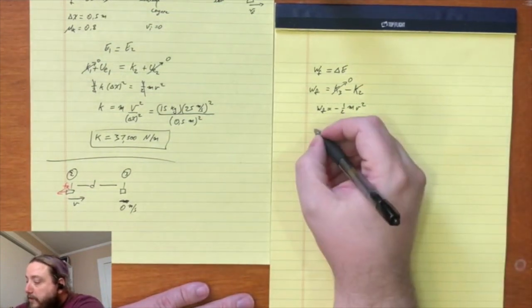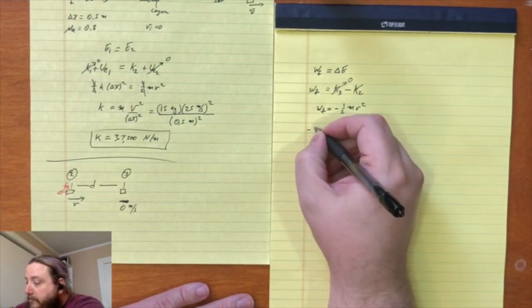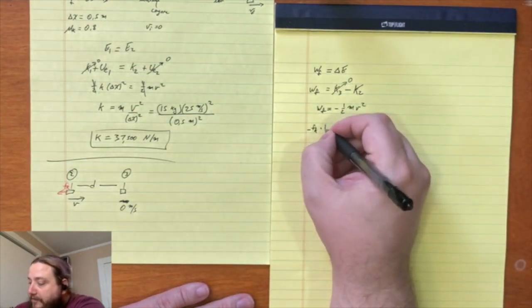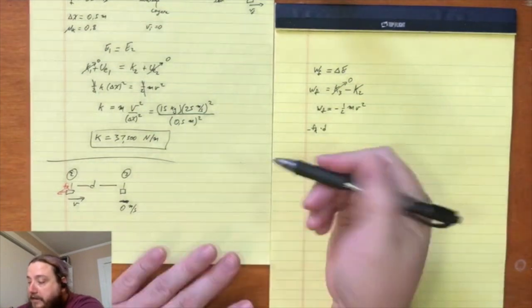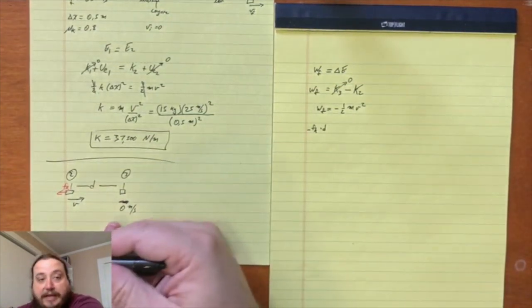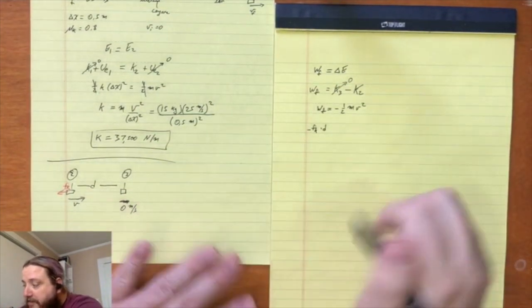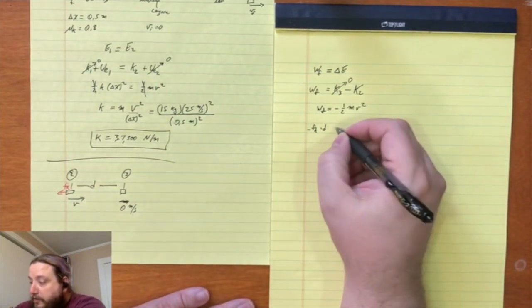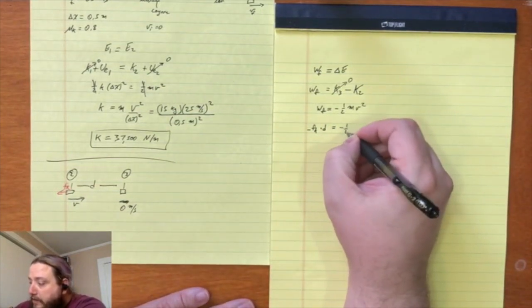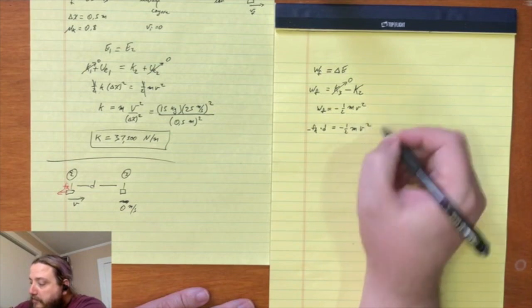And the work done by friction would be minus the friction force times the distance. Minus, because the friction will be in the opposite direction as the displacement. So the work done is negative, and that's going to be minus 1/2 mv squared.